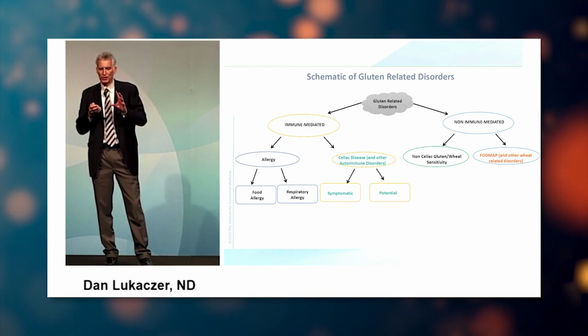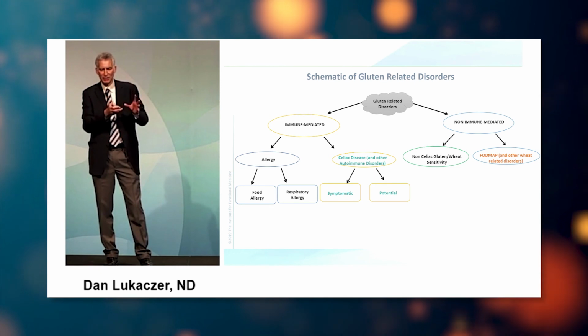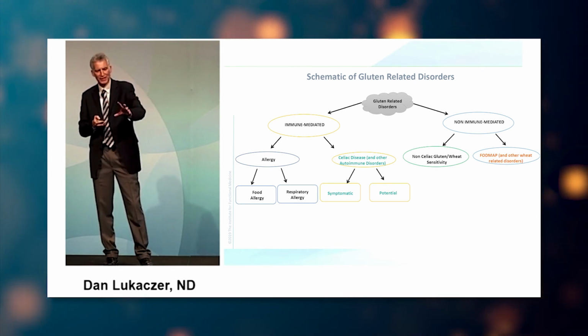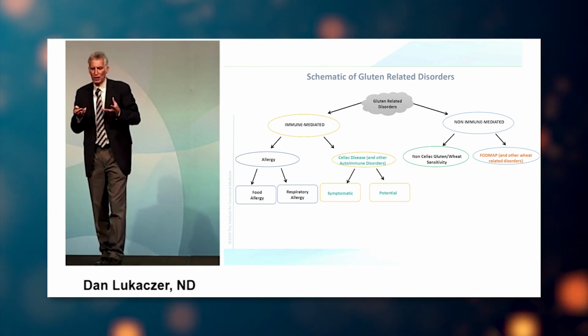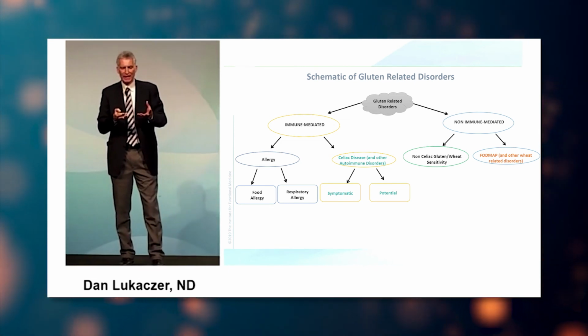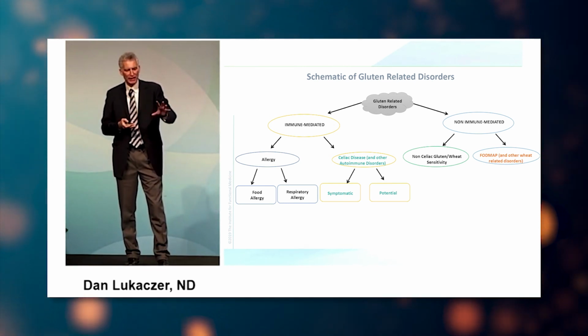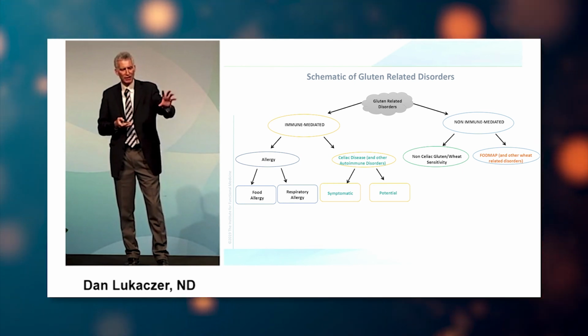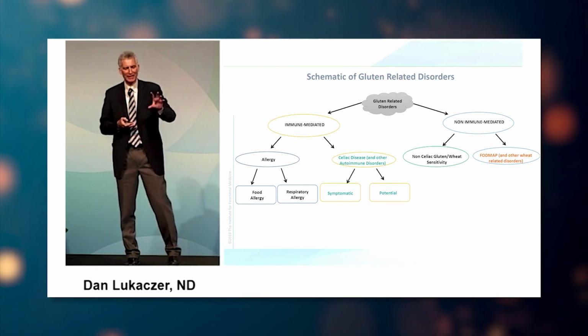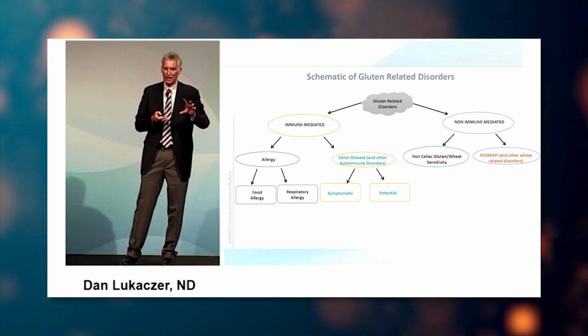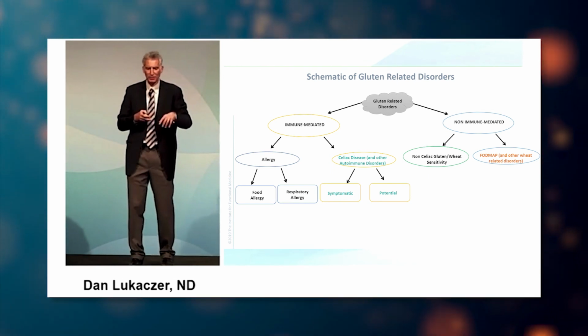Just like our food reaction schematic that I showed before, this is a schematic of gluten and wheat-related disorders. I've divided that again into two broad areas. Again, immune-mediated, so you can see the immune-mediated allergies, celiac disease, and we'll talk about non-celiac gluten sensitivity as an immune-mediated reaction.